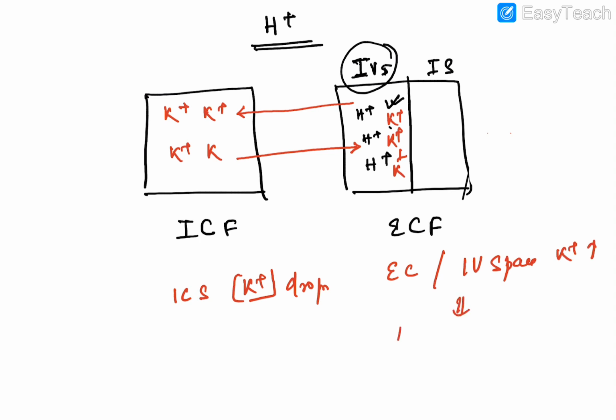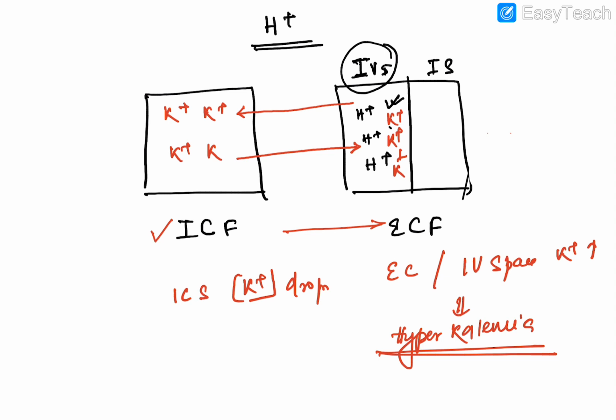This is measured as hyperkalemia, because remember the serum levels that we measure are the levels of cations or anions in the intravascular space. So ultimately what has happened, the body's total potassium level has not increased, only that the potassium from the intracellular fluid has shifted to the intravascular space.